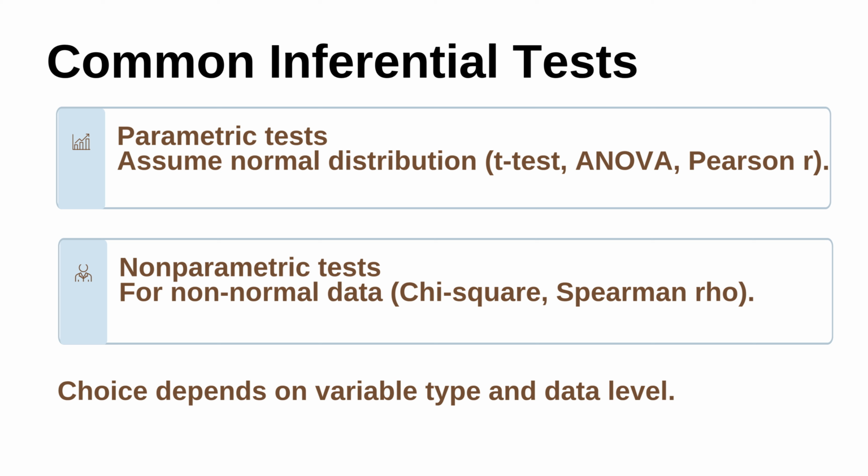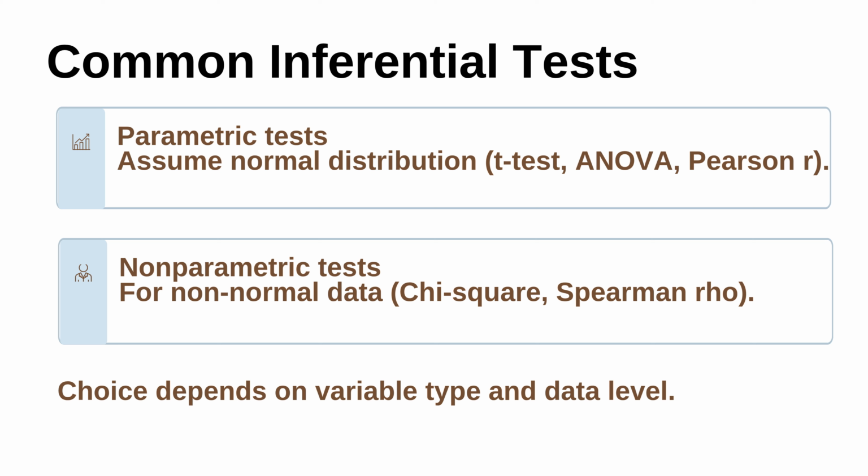Now let's look at the different common inferential tests used in research. We have the parametric test and non-parametric test, which are broad categories for inferential testing. Parametric tests assume that data follow a normal distribution. These include t-tests, ANOVA, and the Pearson's r correlation.